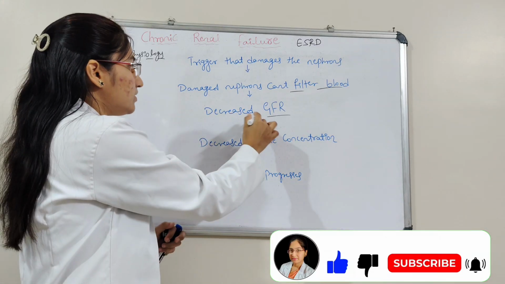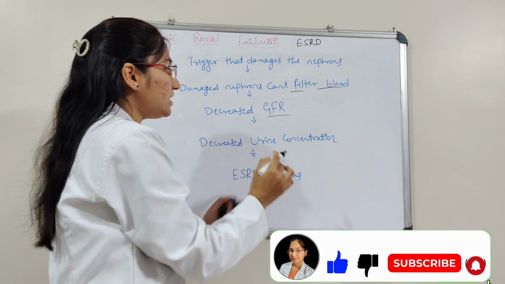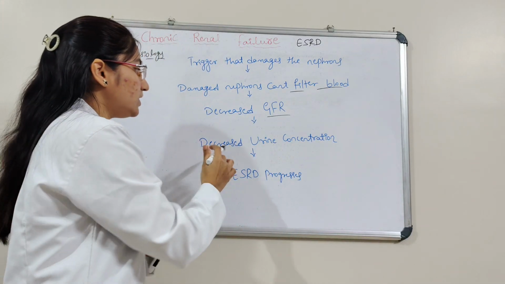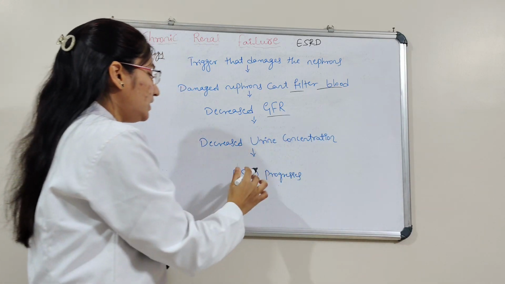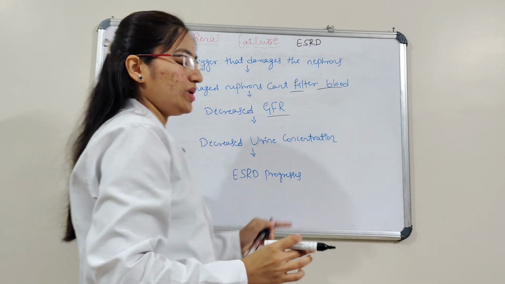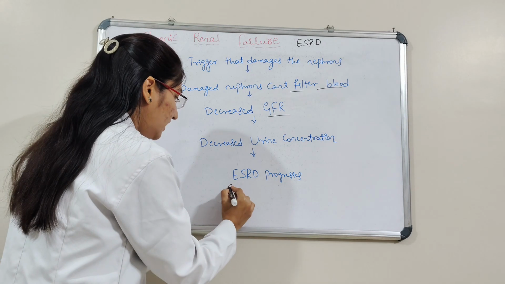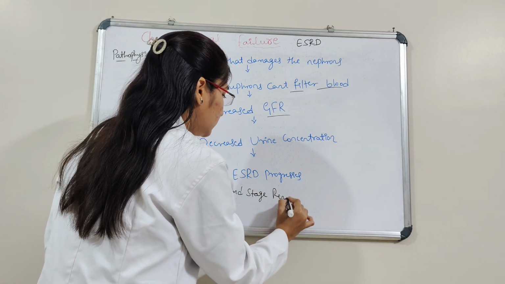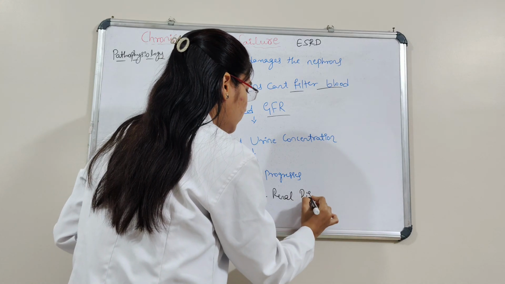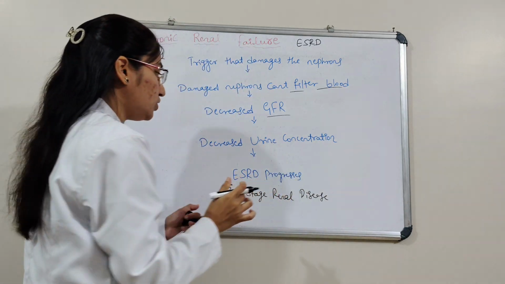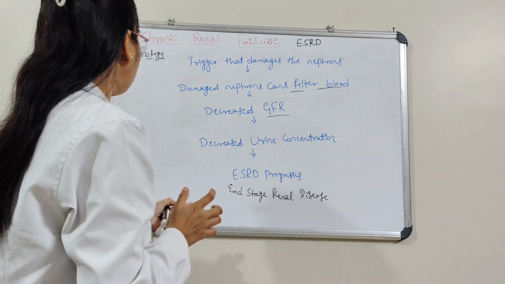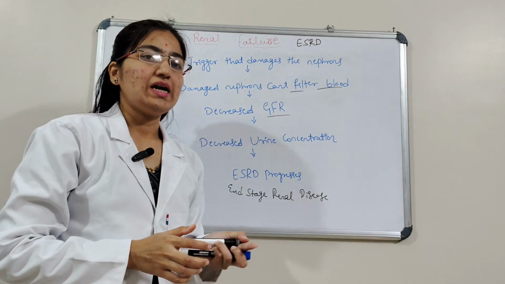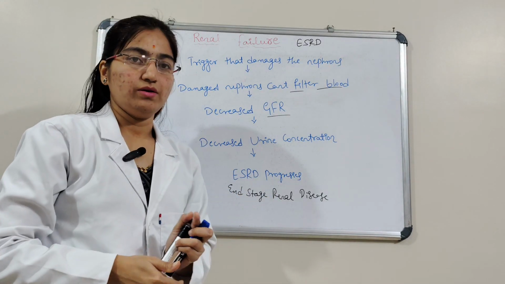And then due to this, it leads to decreased urine concentration. Lastly, it leads to ESRD progressing. ESRD is nothing but end stage renal disease. It's going to progress. This is all about the pathophysiology of ESRD or chronic renal failure.